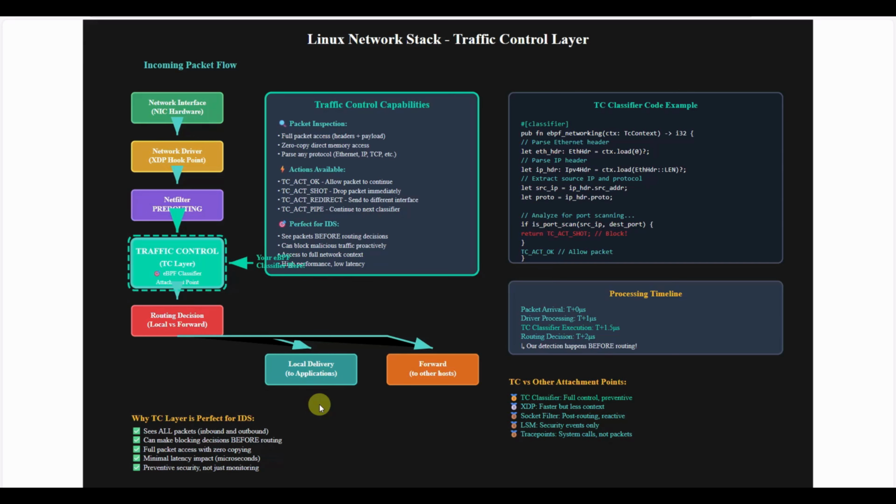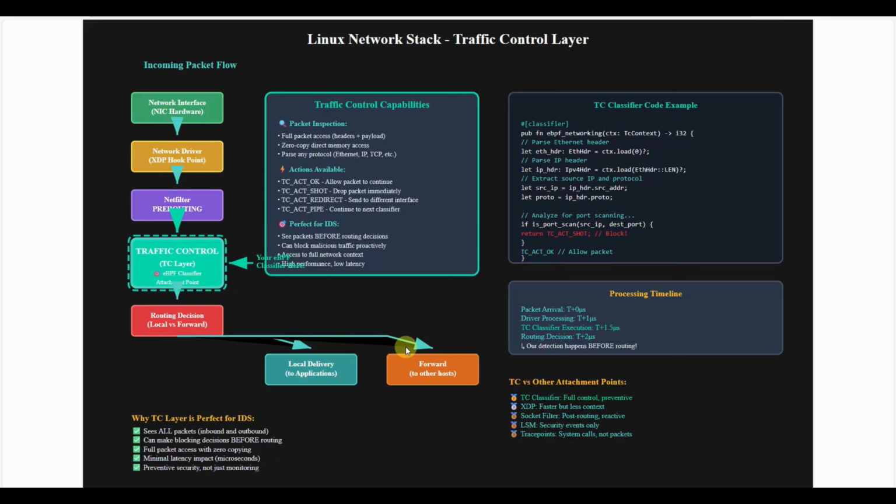Before we go into the workspace explanation, I would like to first make you all understand what we are building. We are trying to build a traffic control classifier. But what it actually means is that here we have been using classifier, but not XDP or socket filtering, LSM hooks, and trace points. Why so?